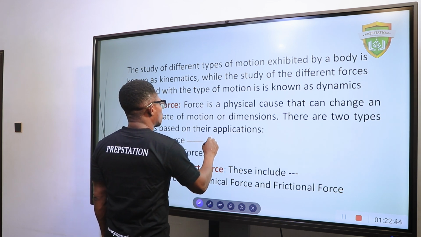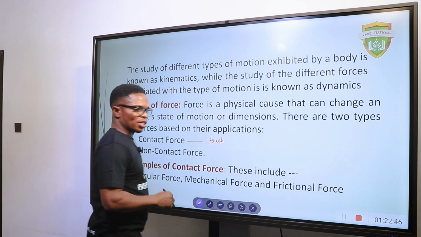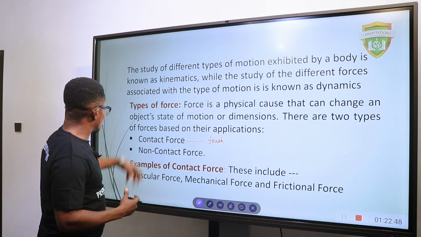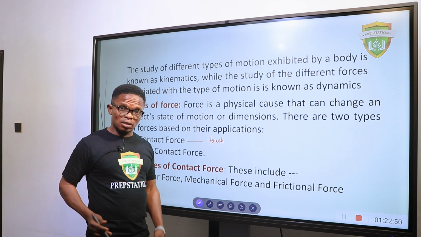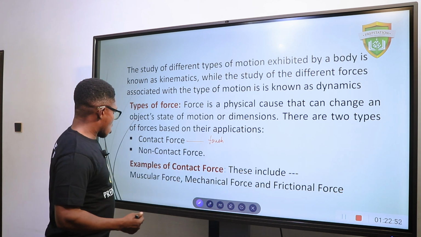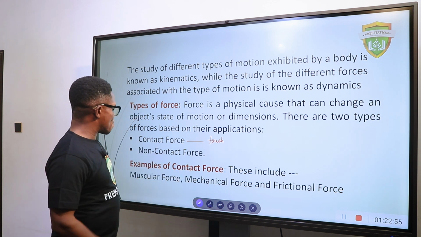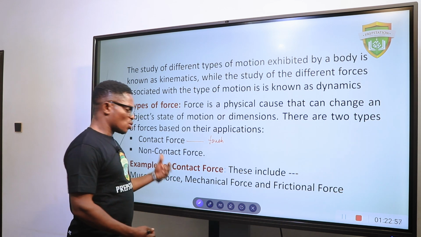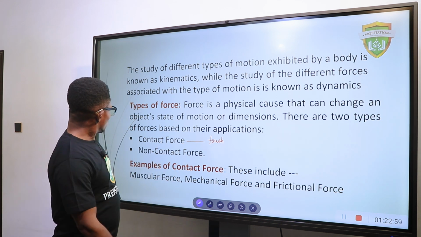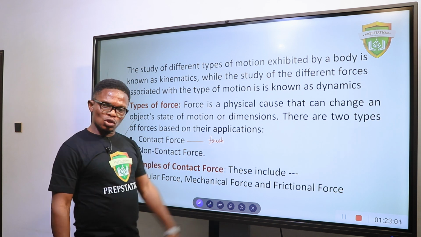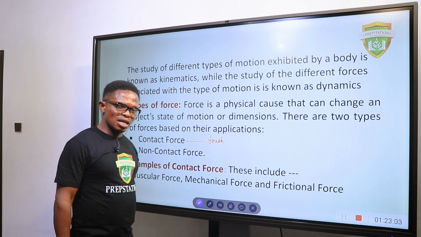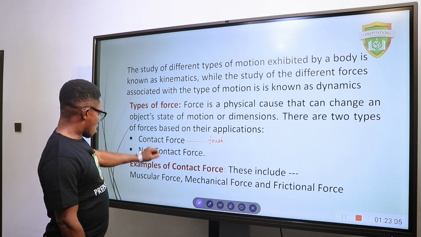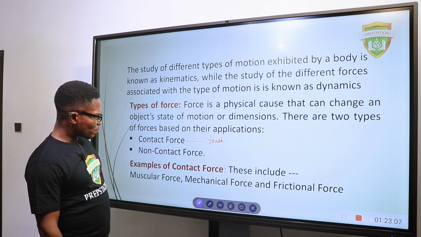Contact or touch. You must touch the object. There must be a touch between the source of the force as well as the object that the force is being applied to. Then number two is called non-contact force. In number two, there is no touch between the object and the source applying the force.